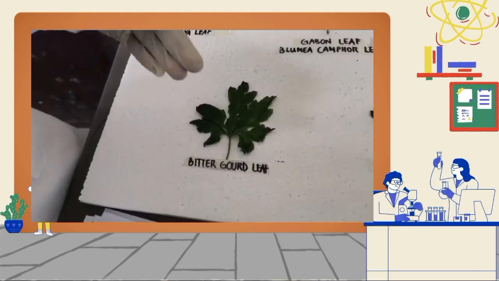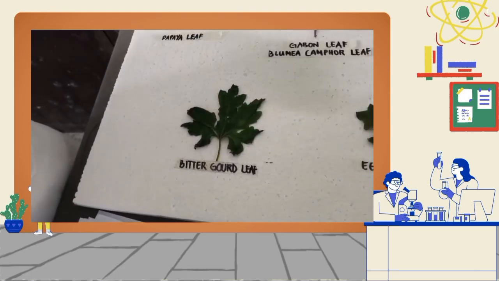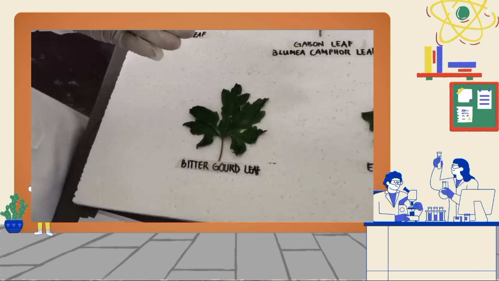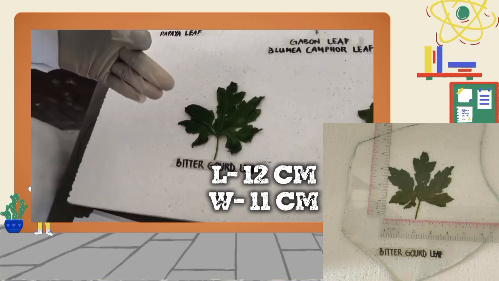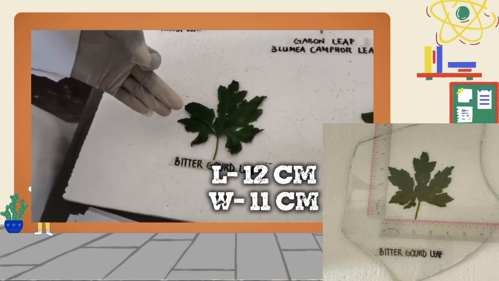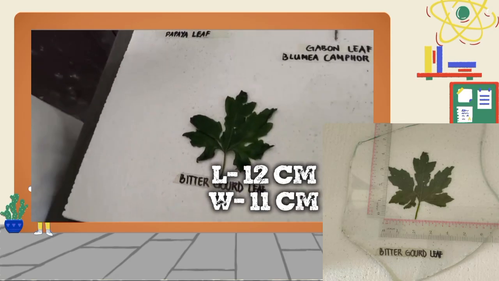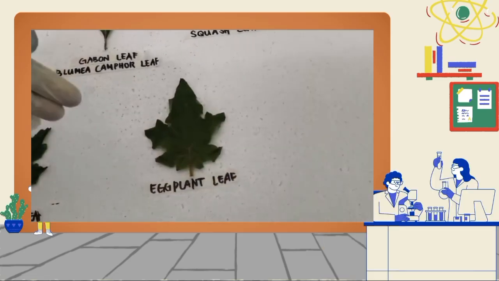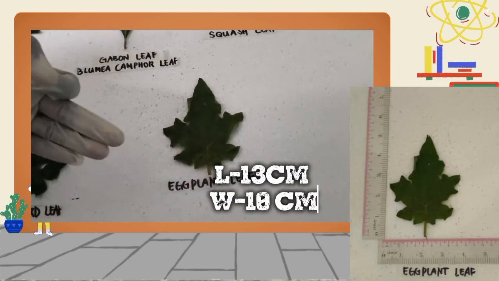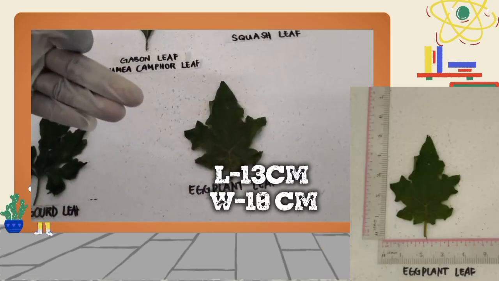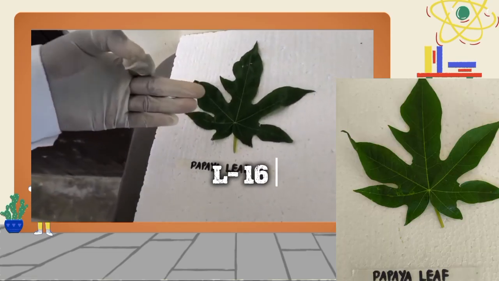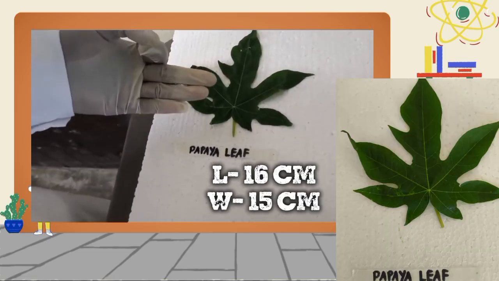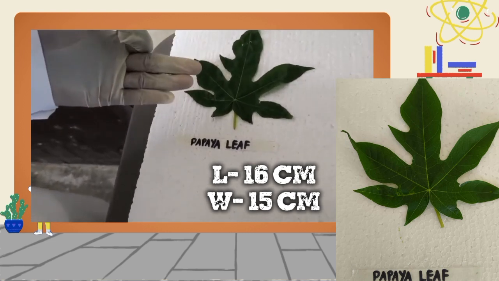We have the bitter gourd leaf, which has a length of 12 cm and a width of 11 cm. And the fourth one, we have the eggplant, which has a length of 13 cm and a width of 10 cm. And the last one, we have the papaya leaf, which has a length of 16 cm and a width of 15 cm.